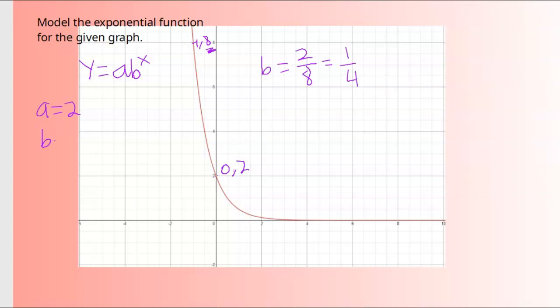So our b is just a quarter. Therefore, our model for this graph is going to be 2 times a quarter to the power x. And this is a decay because it's less than 1 and it's coming down exponentially.